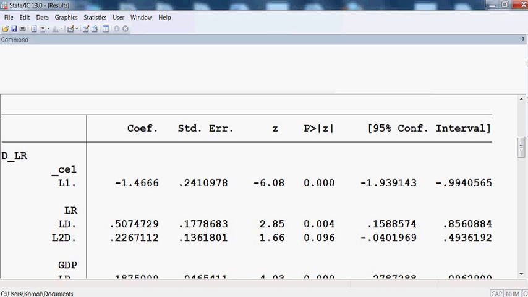Okay, first I talk about coefficient, standard error, and Z value. What is this one? Co-integrating equation 1.